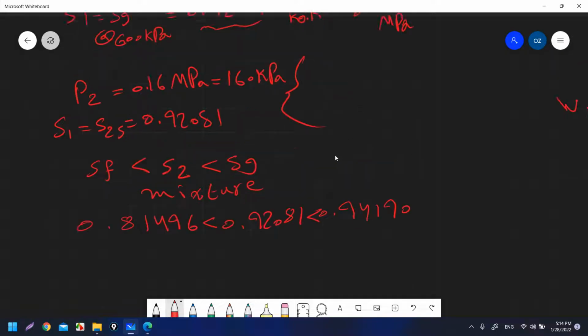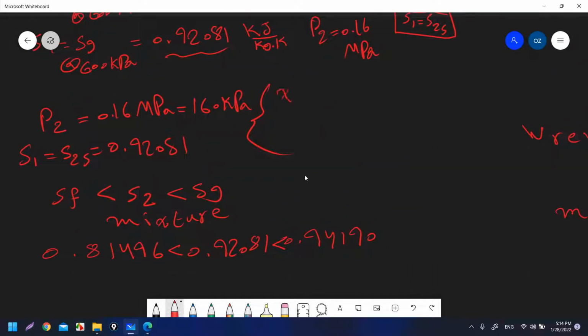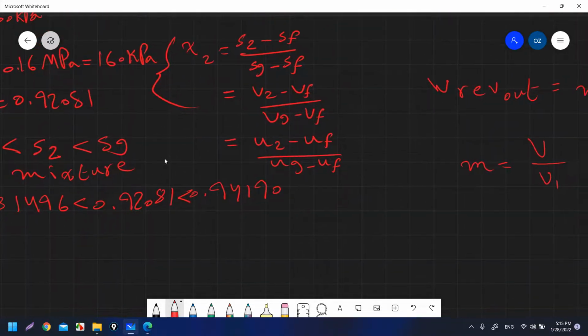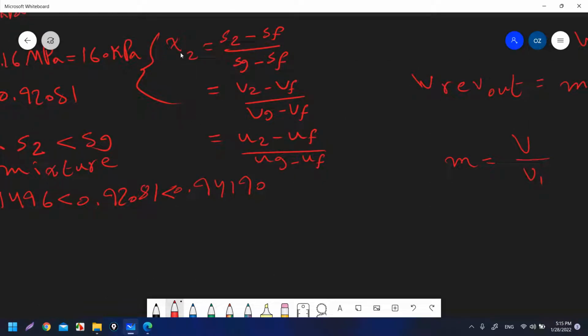So we have to find the quality x2 equal to S2, the one that I have, minus Sf over Sg minus Sf, and it is also equal to V2 minus Vf over Vg minus Vf, and also equal to U2 minus Uf over Ug minus Uf. I will substitute in these equations, so I can get x2, V2, U2.